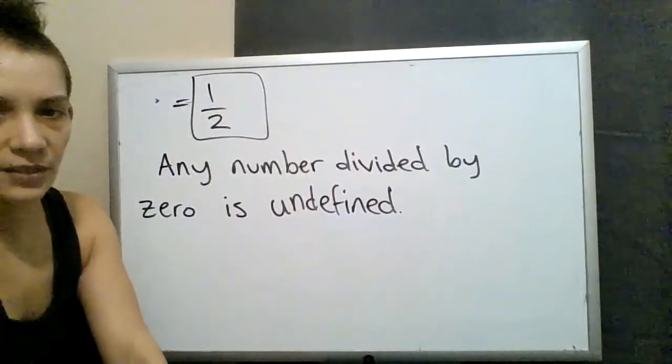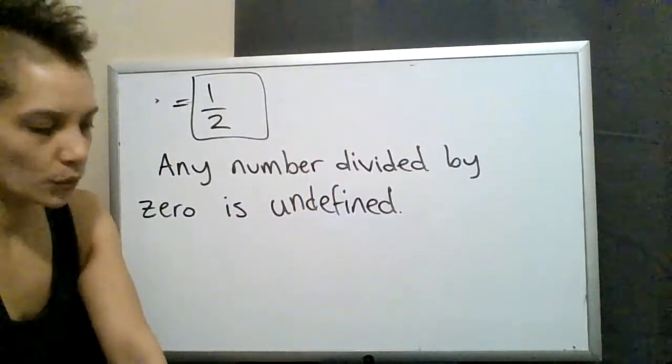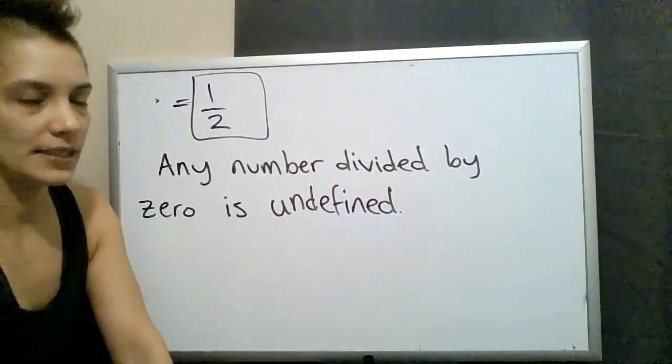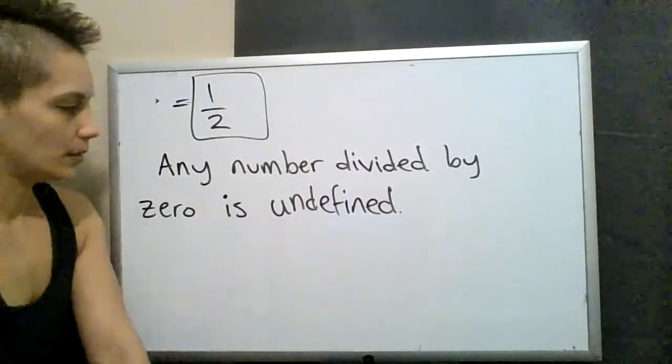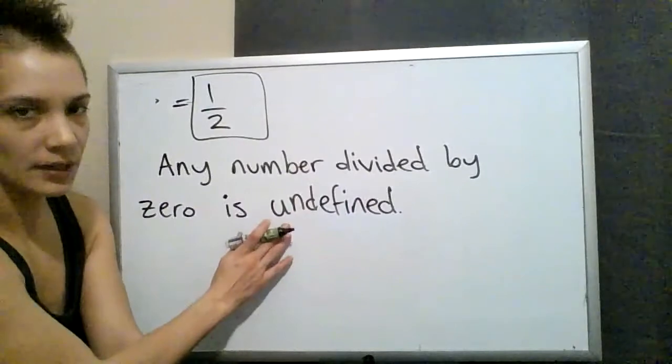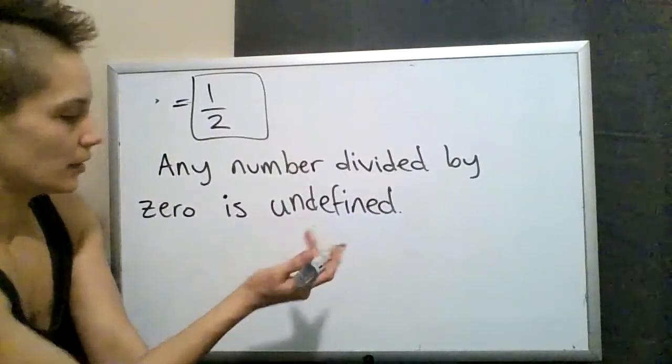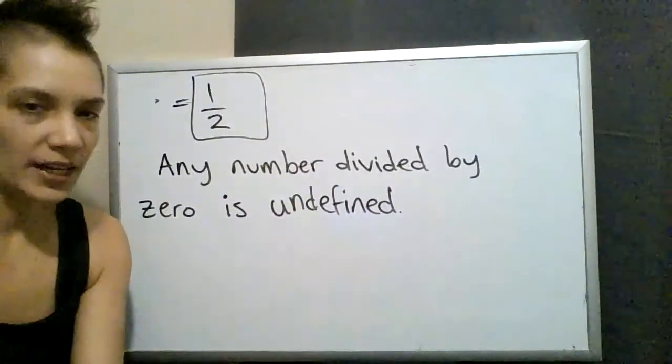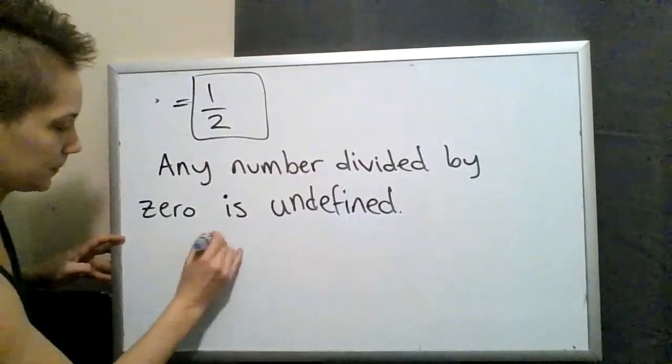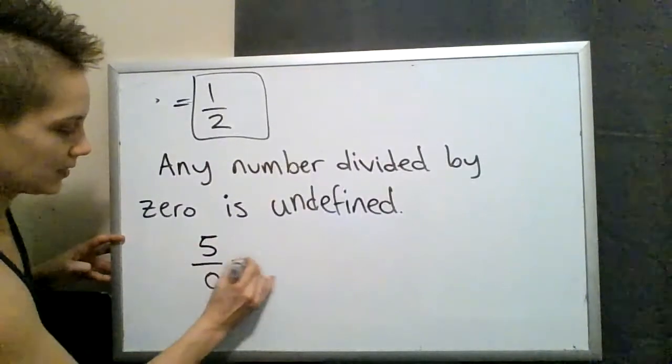I kind of think of undefined as it doesn't exist, or you could say it's not a real number. But in the homework, you're going to put down undefined. So if you have 5 divided by 0, it's undefined.